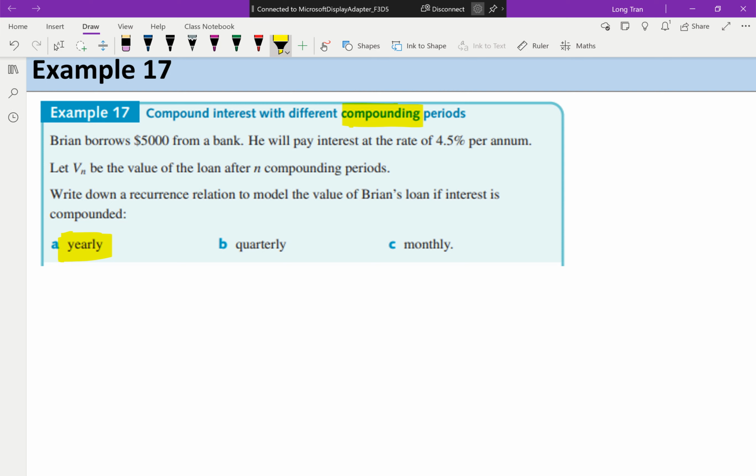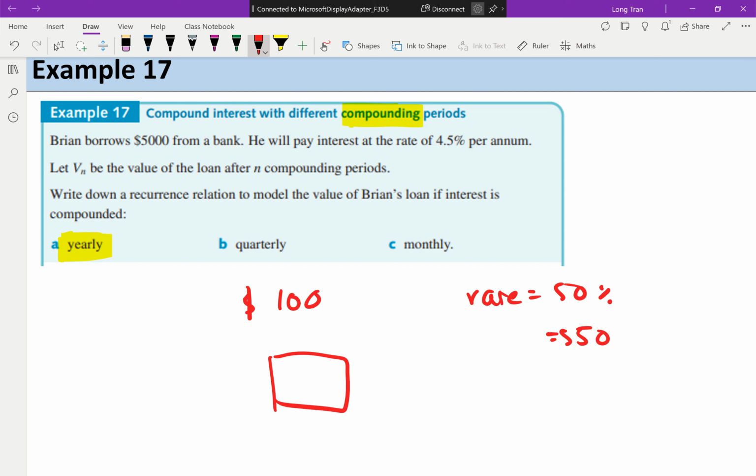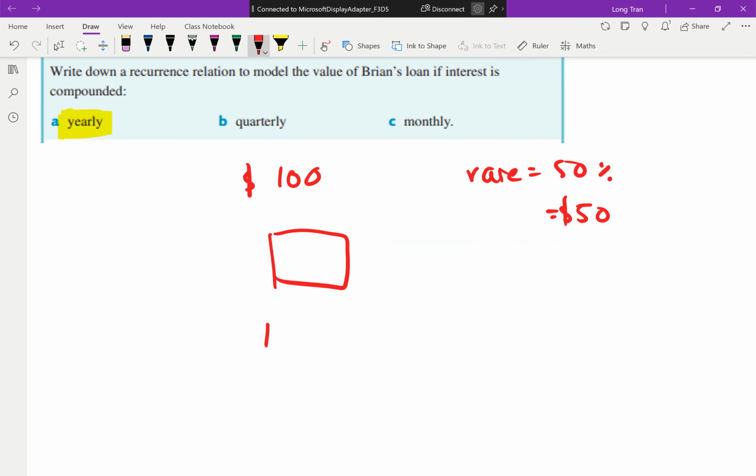Because that means, how I said every time you do, as an example, just so you understand what I'm saying, if you had $100 in your bank account, you put it into the bank, and I said the rate is 50%, right? 50% of 100 equals $50. Let's say that's the interest rate. In the first year, you will get 100 plus 50% of 100.